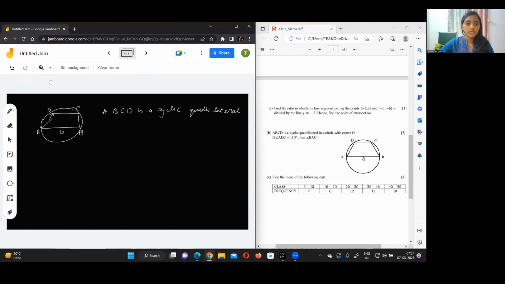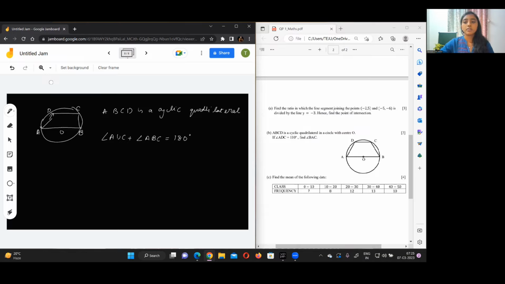So what we can do is that we know that angle ABC plus angle ADC will be equal to 180 degrees, because opposite angles of a cyclic quadrilateral are supplementary to each other. So we can write that down, angle ADC plus angle ABC should be equal to 180 degrees, right?